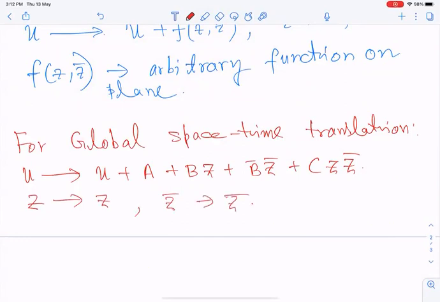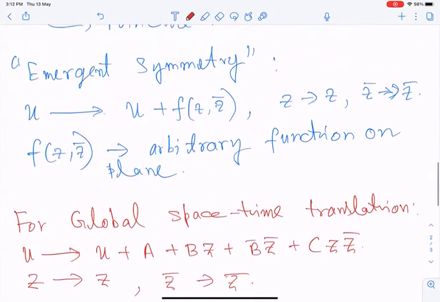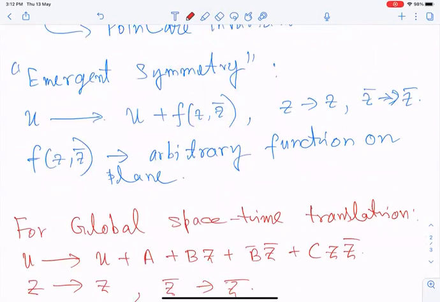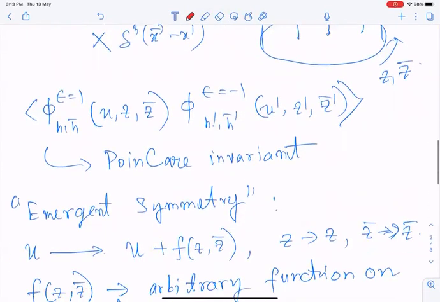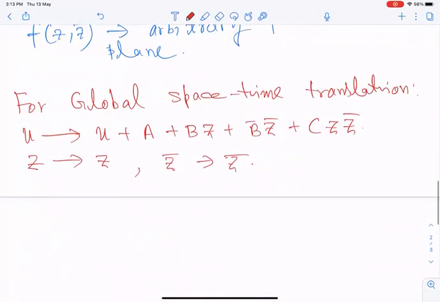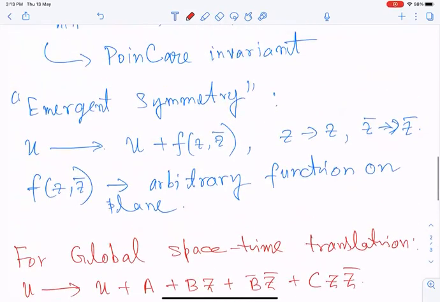But now you can see that this also has this additional, this emergent kind of symmetry because of this delta function. You have this delta 2 of z prime minus z, and so you can shift u not just by this function a plus bz plus b bar z bar plus c z z bar, but by any function of z and z bar.